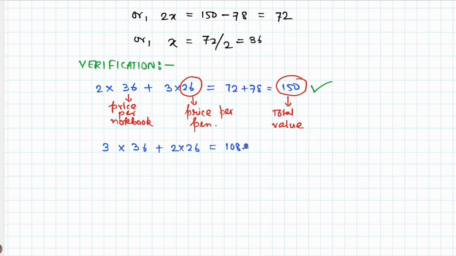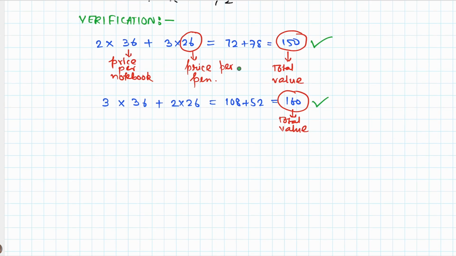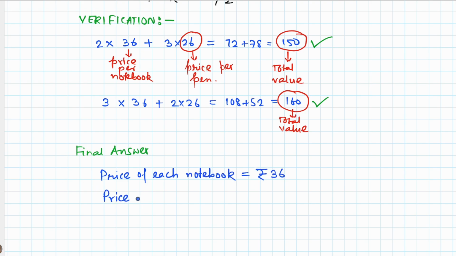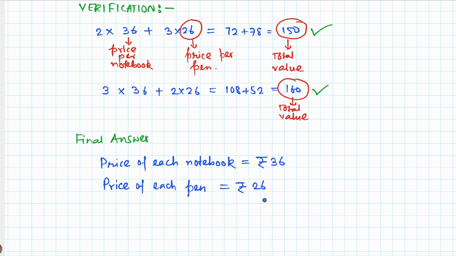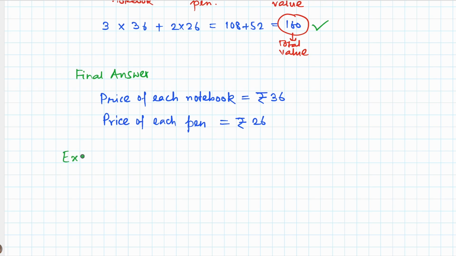Similarly, 3 times 36 plus 2 times 26 is 108 plus 52, which is 160. Again, the second statement is also verified. As both statements are verified, we can assure that these two answers are correct. So our final answer is price of each notebook is equal to rupees 36 and price of each pen is equal to rupees 26. So this is very simple.